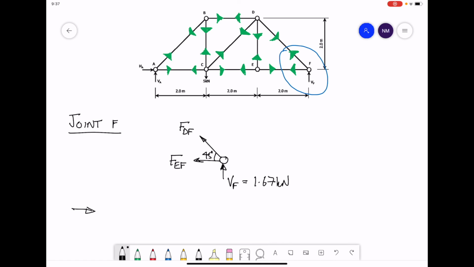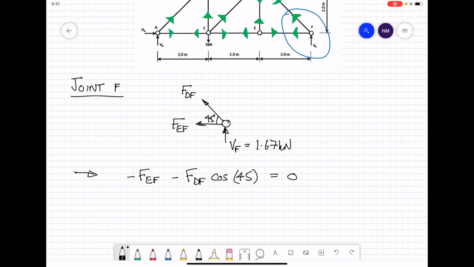So what I mean by that is we're going to resolve the forces horizontally, minus force EF minus force DF times the cos of the angle. Those are the only two horizontal forces, both facing to the left, therefore negative. For equilibrium they should add up to give you 0.